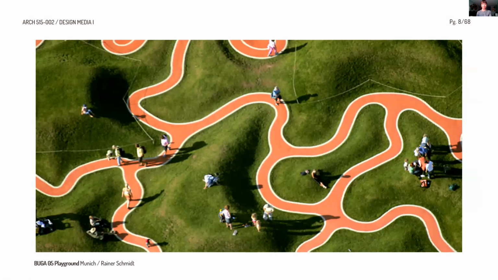So similarly here, we note that all over the world, playgrounds usually consist of prefabricated elements, which are A to Z tested and 10,000 times certified by various organizations. And that's the easiest and most logistically secure way of doing it. In Munich at the Bundesgarten show in 2005, landscape architect Rainer Schmidt designed a landscape without typical playground elements, just combining two materials and colors, this tartan red pathway system and the grass.